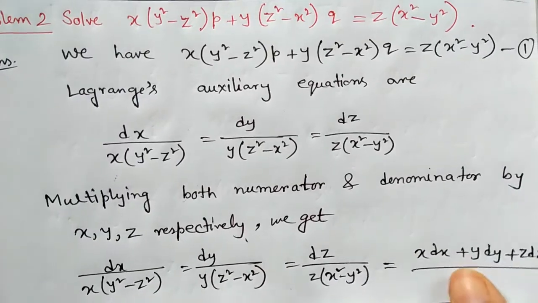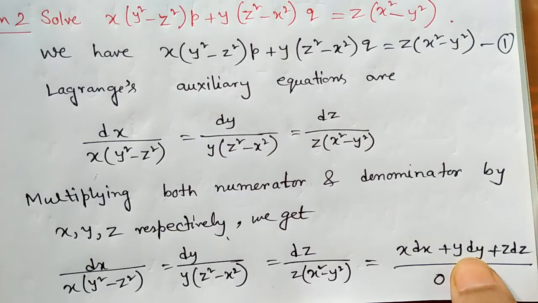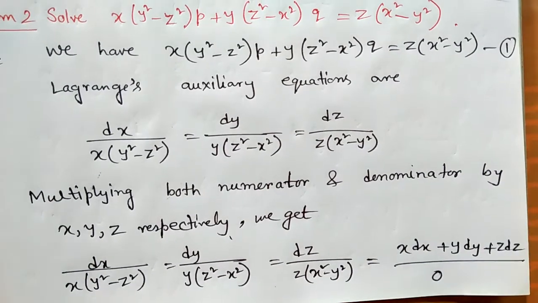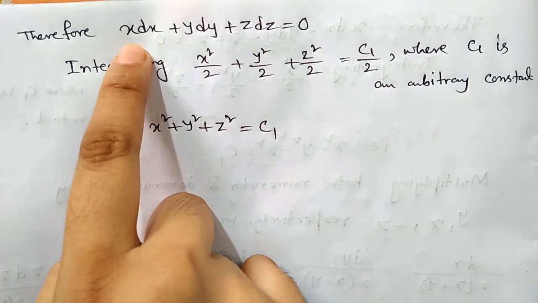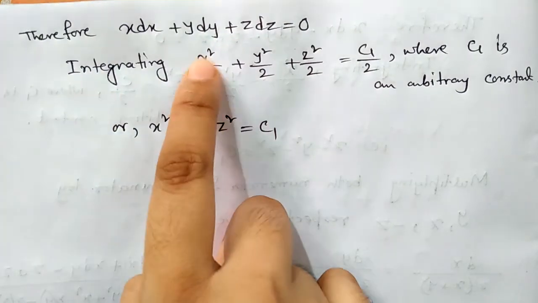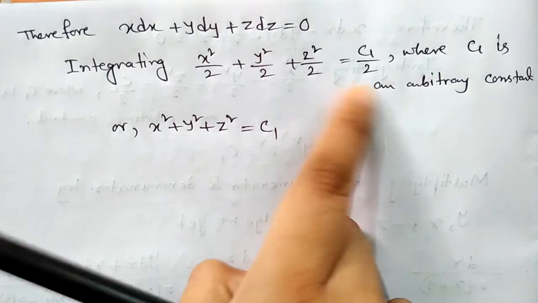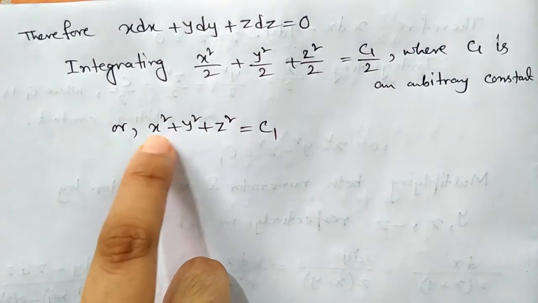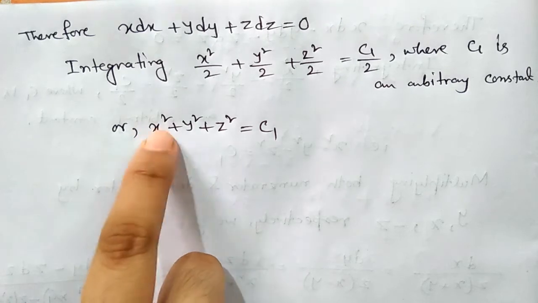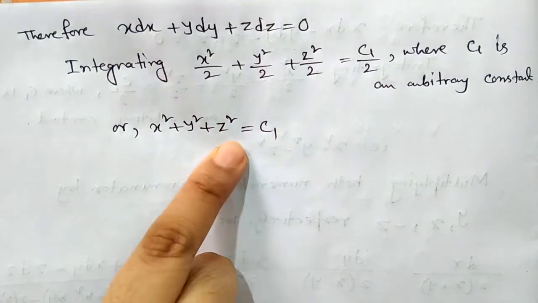So therefore we get x dx plus y dy plus z dz equal to 0. Now integrating, where c1 is an arbitrary constant, we finally get the first solution, that is x² plus y² plus z² equal to c1.